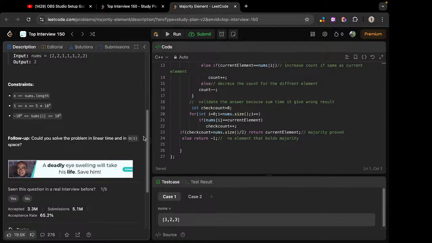Let's solve the majority element LeetCode question. I have to charge my phone.